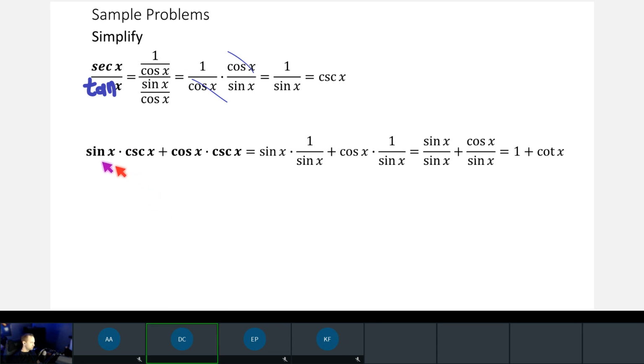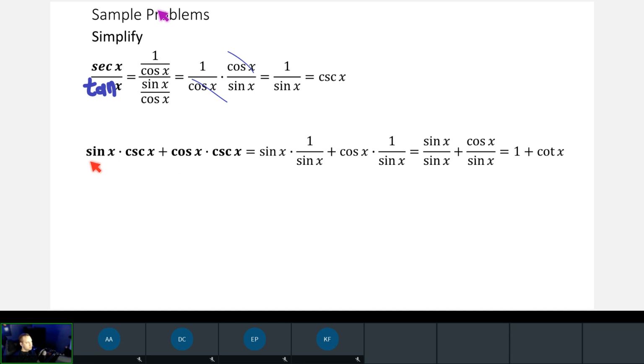Like sine, how come you kept it as that instead of putting 1 over cosecant? And then for this one, how come you didn't put 1 over secant?